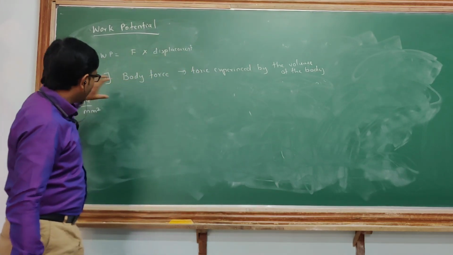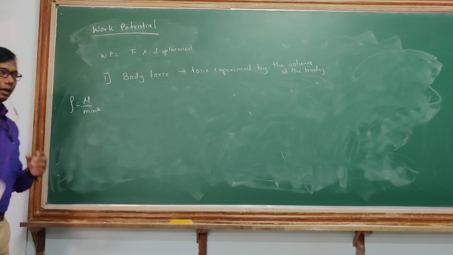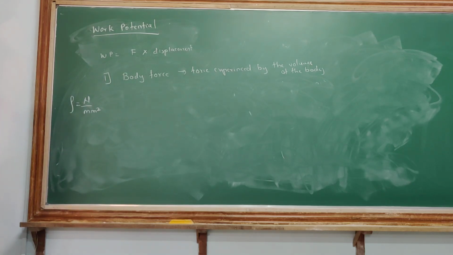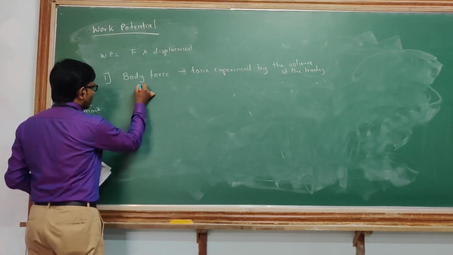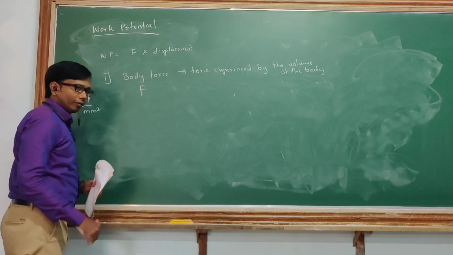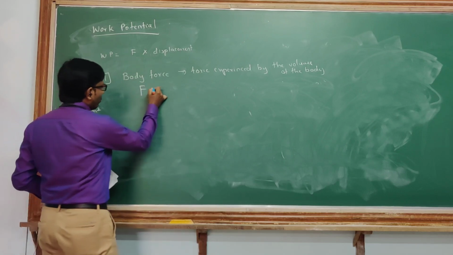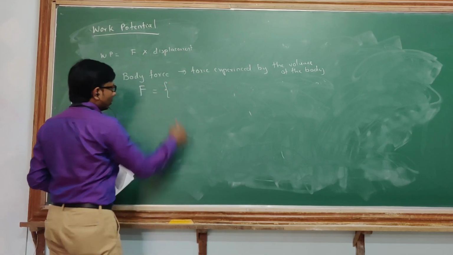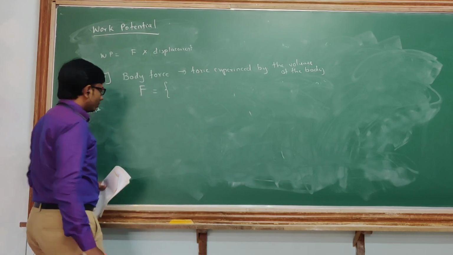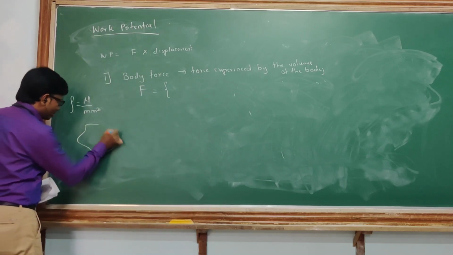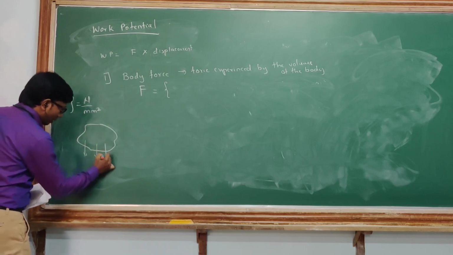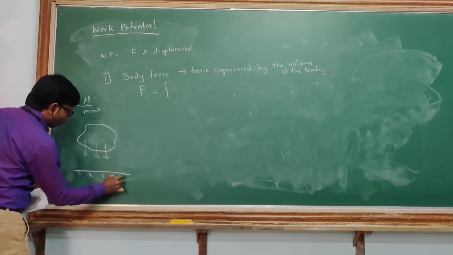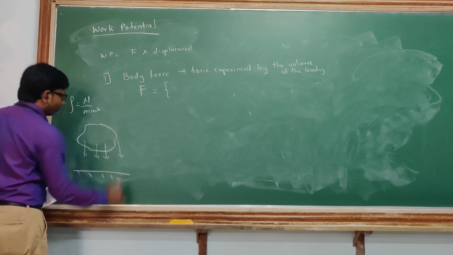So if such a force is given, how do we calculate the work potential of that particular body? Basically, if I consider a body force F, it will have components. We have to write the components. If a body is subjected to the body force downwards, with this being the ground, the body is subjected to a gravitational force.